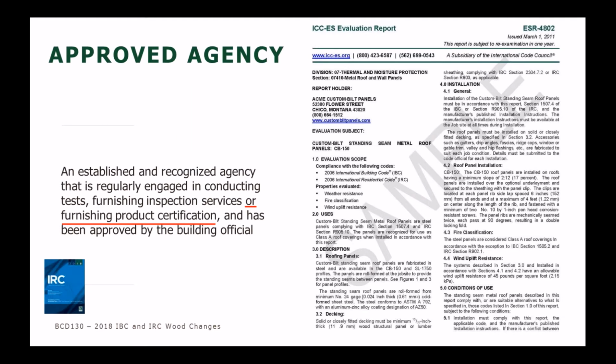So whether it's a testing agency, a special inspection agency, or a group that provides product certification that's a third party to a manufacturer checking on those products, all of them can be pre-approved by the building department, and therefore the whole process of that approval happens more quickly. And that's the intent here.